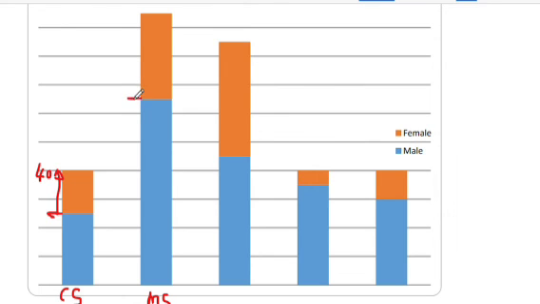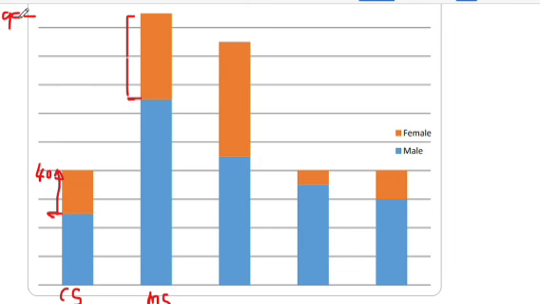This is 65. Then the next one has to be 30. From here to here is 5 plus 10, that is 15, plus another 10, that's 25, plus another 5, that is 30. So the whole sum of this is 95.